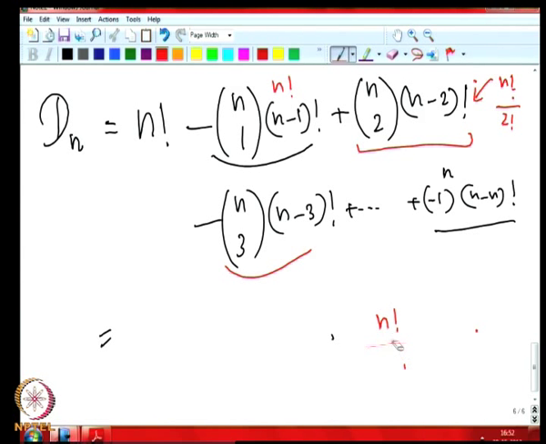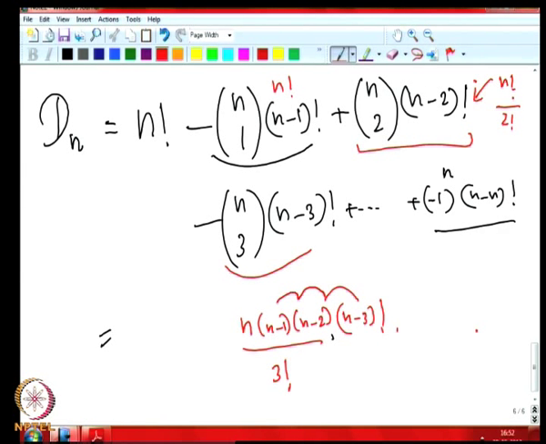So, this entire term is n factorial by 2 factorial, and what is this? This is n choose 3 into n minus 3 factorial. So, we have n into n minus 1 into n minus 2 in the numerator, divided by 3 factorial in the denominator. We have n minus 3 factorial here, right.